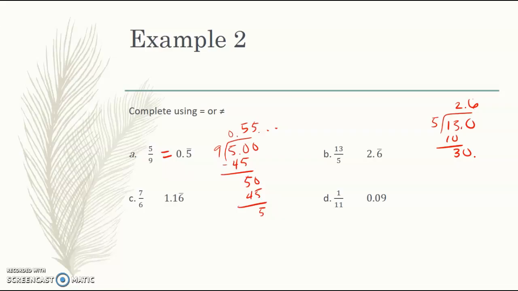Well, it goes in 6 times. And I notice that I have nothing left. So my answer has terminated. So I have 2.6, and is that equal or not equal to 2.6 repeating? The answer is that it is not equal, because this one will continue going, whereas this one stopped.